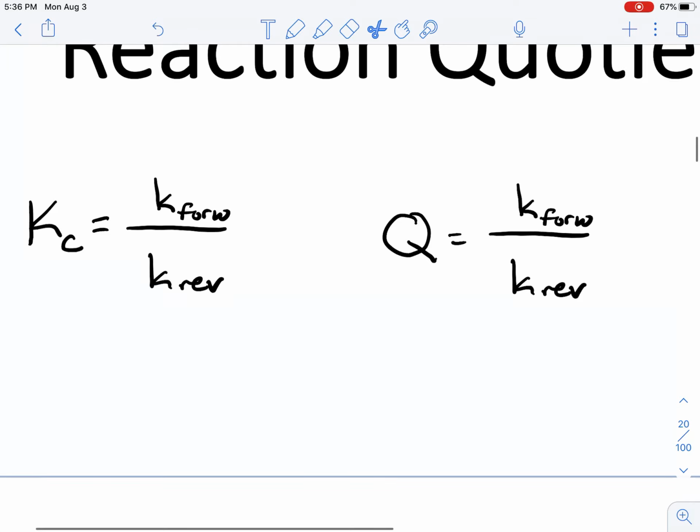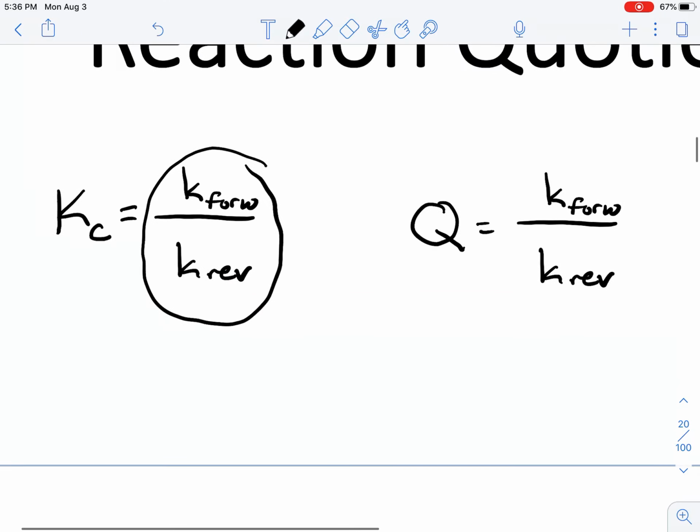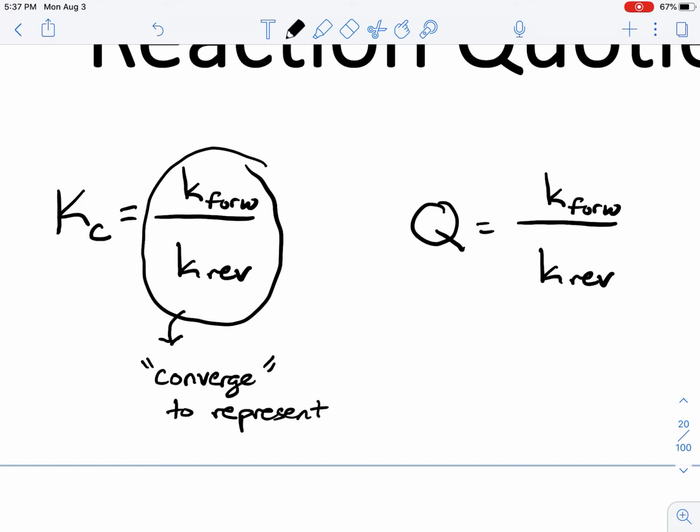But the only difference between the two is that when the system is at equilibrium, these two rate constants, for lack of a better word, converge to represent the system at equilibrium.